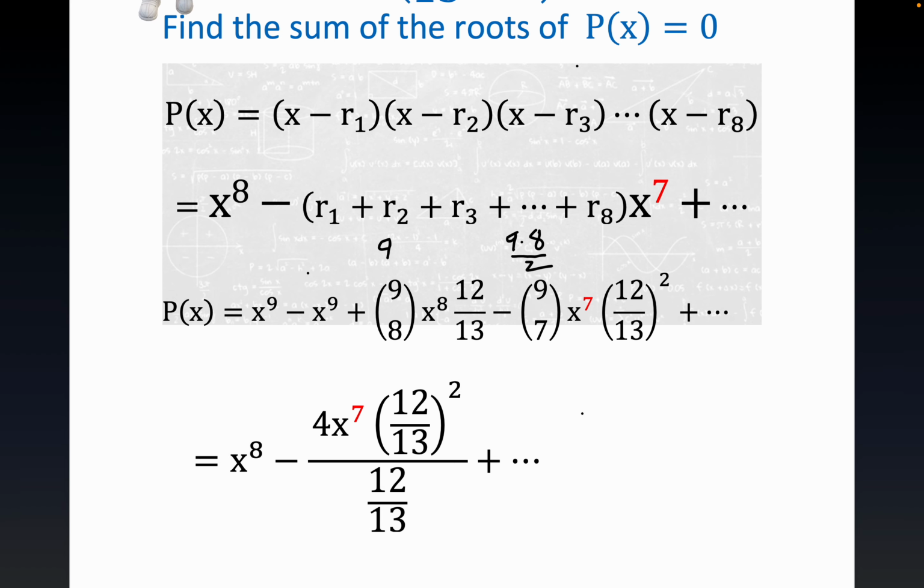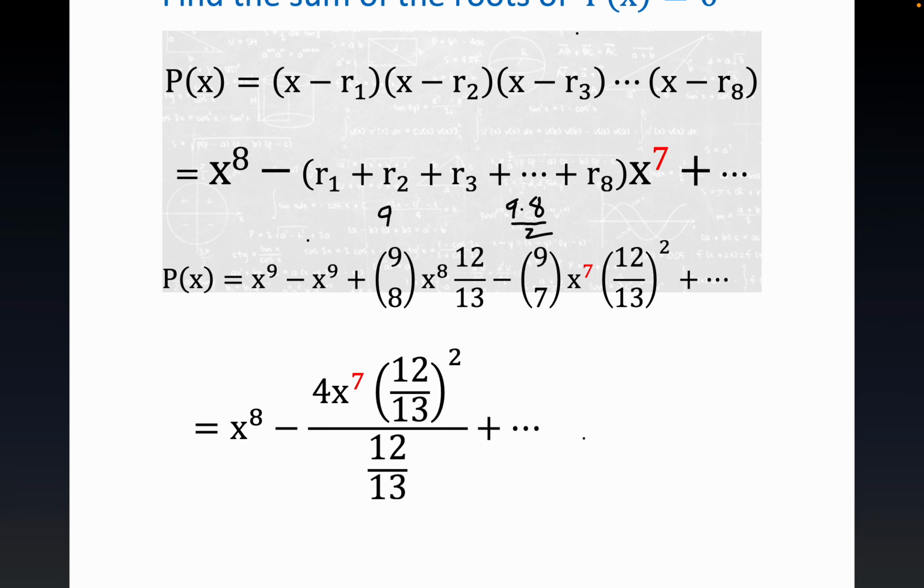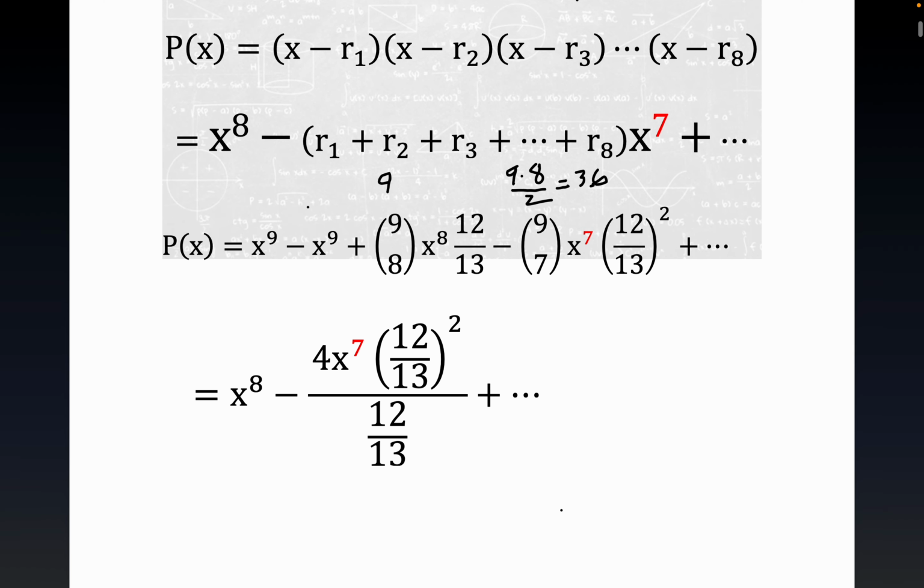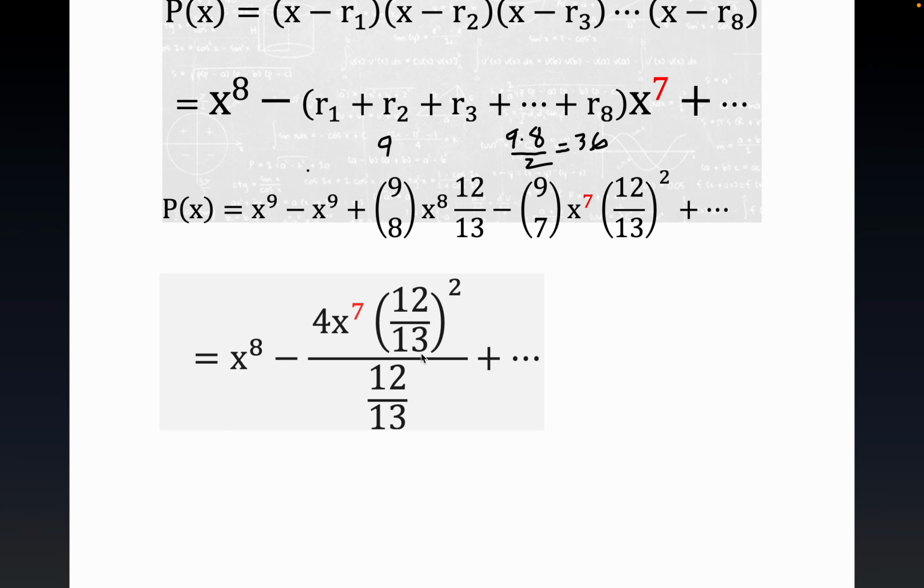And so the rest of this is just algebra, folks. This 9 actually occurred because this piece right here is 36. And when you divide through, 36 divided by 9 is the 4 you see right here. You divide through by the 12/13 right here. And so we can see that the sum of the roots will be this coefficient.